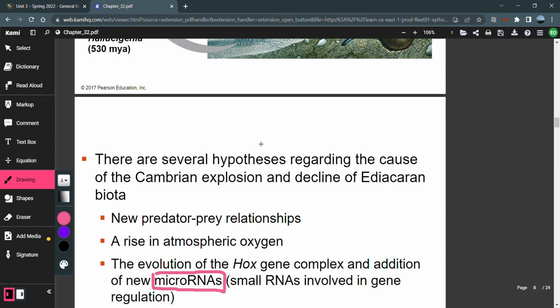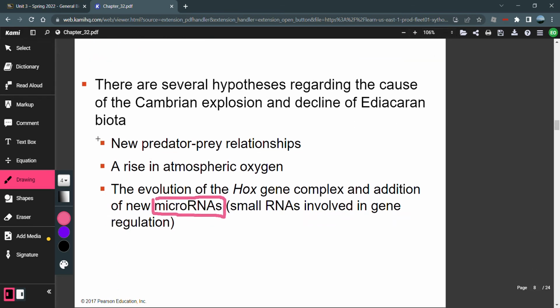There are several hypotheses regarding the cause of the Cambrian explosion and the decline of the Ediacaran biota. One of them could have been a rise in atmospheric oxygen, which could have benefited organisms with higher metabolic rates or larger animals.